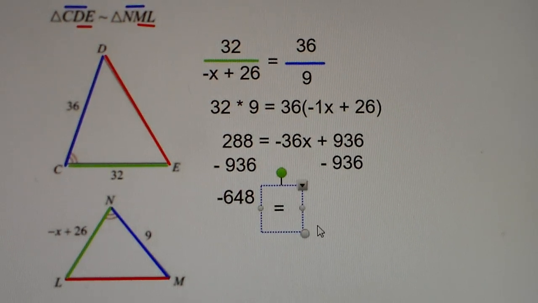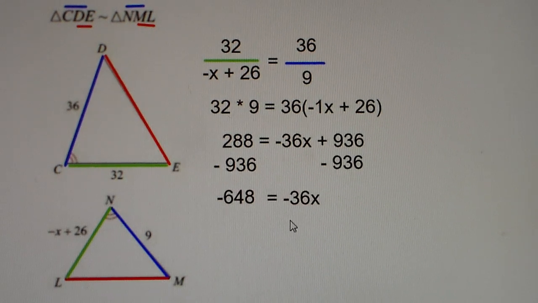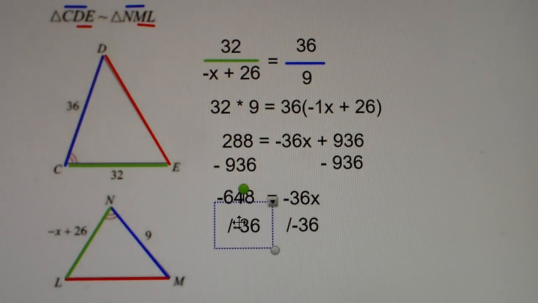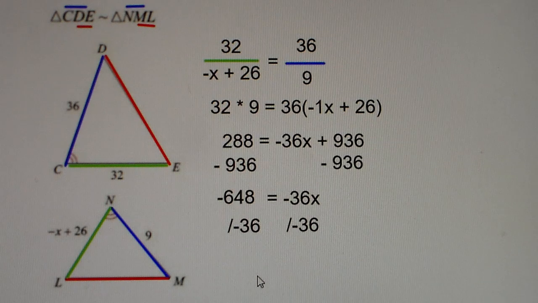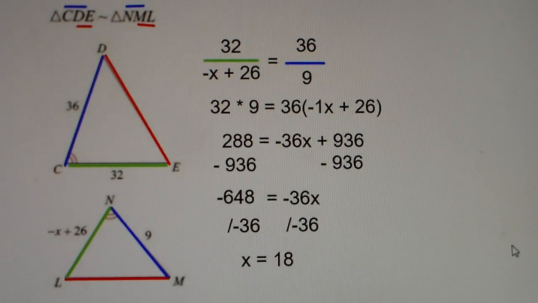And that's equal to negative 36x. Divide by negative 36 on both sides, and put that in the calculator. And we get x equals 18. That's how we do a problem like that.